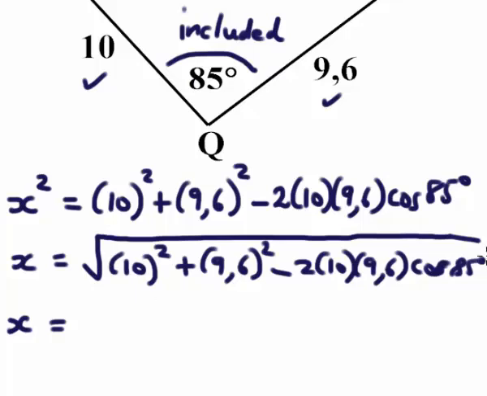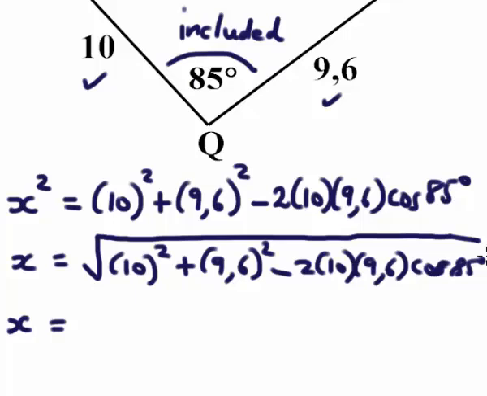Okay, so we push the square root button, we're doing it together. Now what is 10 squared? Okay, 10 squared plus 9.6 squared. Then we're going to subtract 2 times 10 times 9.6, and then multiply by the cos of 85.